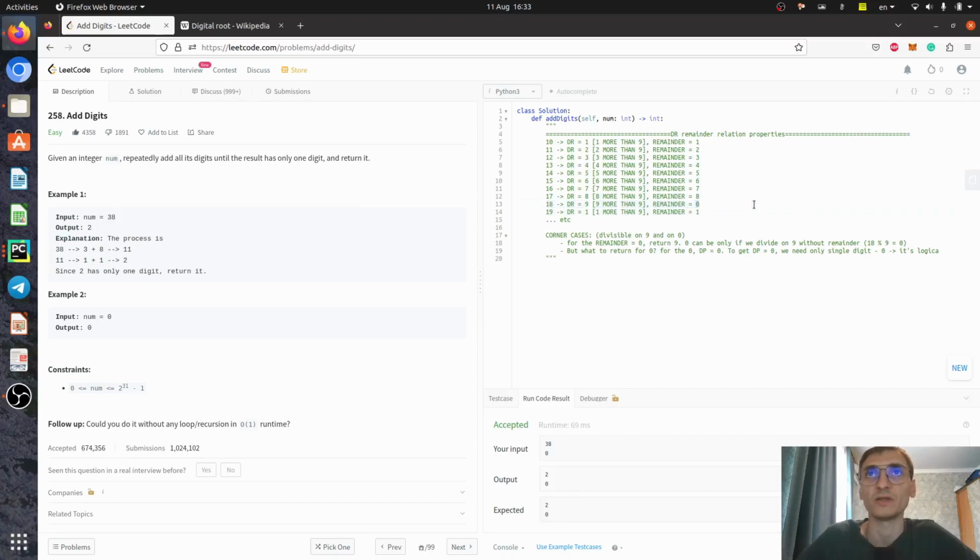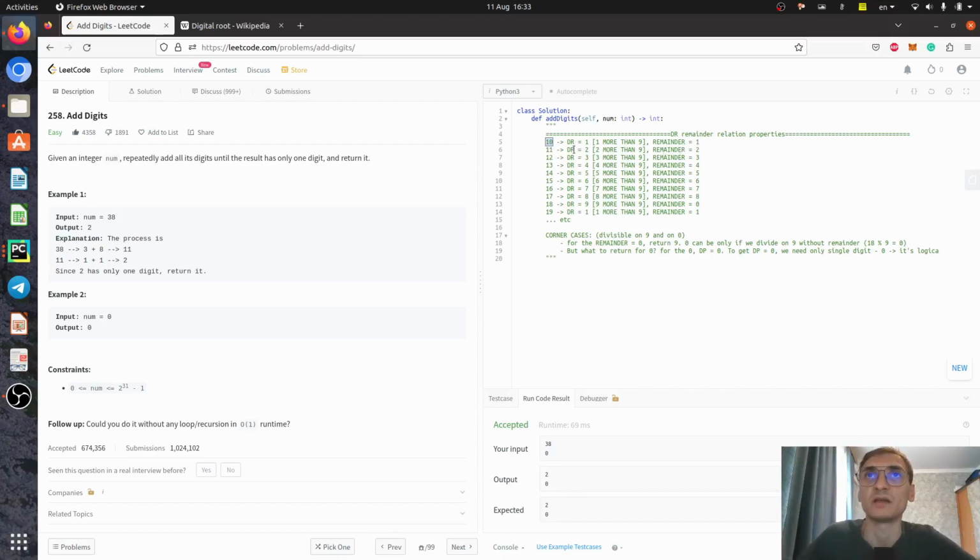Let's look at this for a moment. We have 18. The digital root is 9, which is 9 more than 9. Let's look at the remainder when we are dividing by 9. I'll explain afterwards why we are dividing by 9. If we take 10 and apply the modular operation, divide by 9 and take the remainder, it's going to be 1.